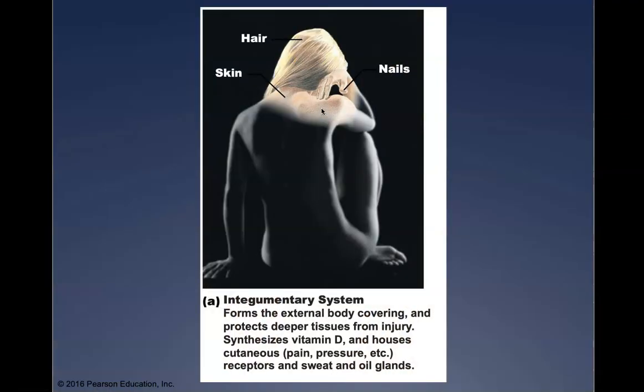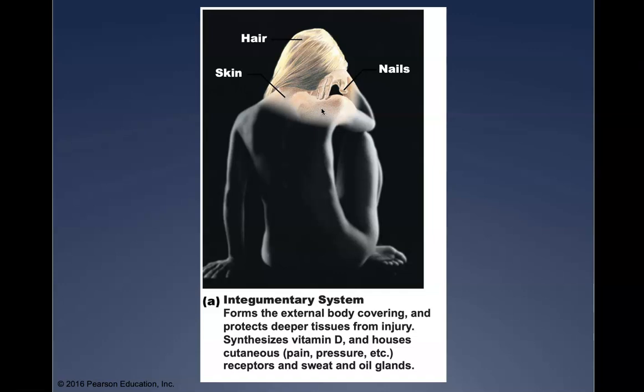So the first one is the integumentary system, and that's the first system that we're going to get into as well. This forms our external body covering, again, our skin, and helps protect our deeper tissues from injury. That's its major function, right? Providing this barrier from the external environment.